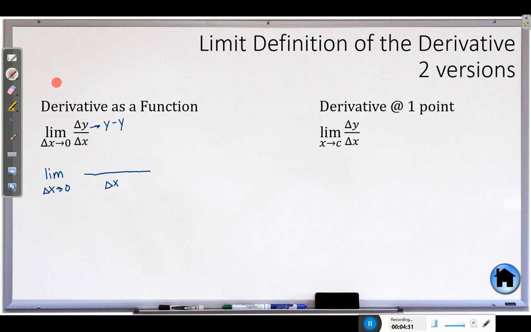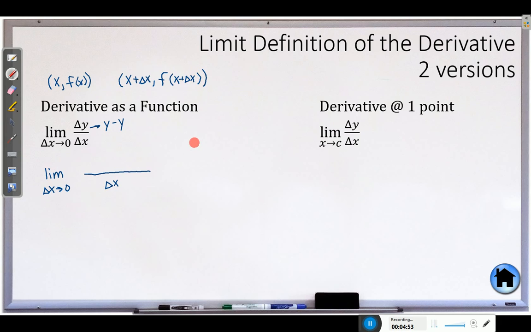So our 2 y values, remember our point was x comma f at x, was the first point. And the second point was a little bit farther away, so we add delta x. That means that has to go into the input for your function, x plus delta x.